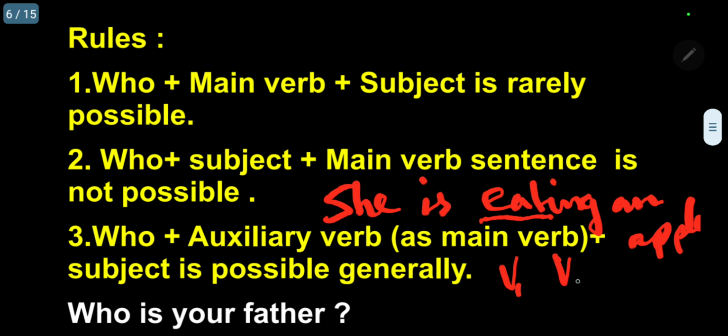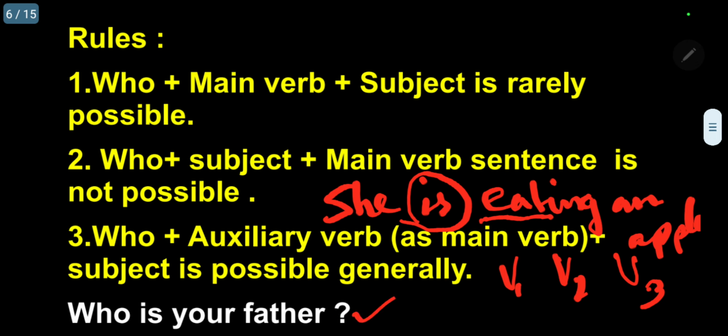Past tense V2, past participle V3. All these things we have discussed. So, eat is the present verb and it is coming in the form of the present participle, correspondingly eating. So now, is is not a main verb. Eat is the main verb. Is is the helping verb, auxiliary verb. Please understand the difference.